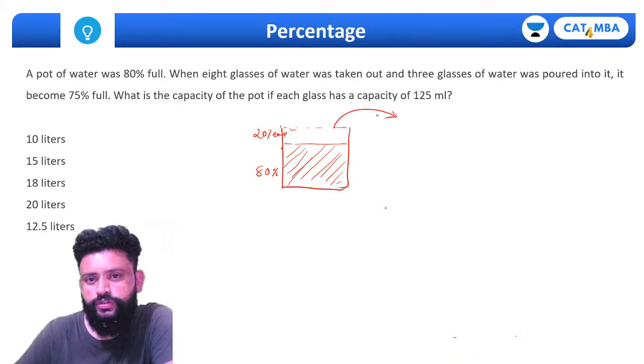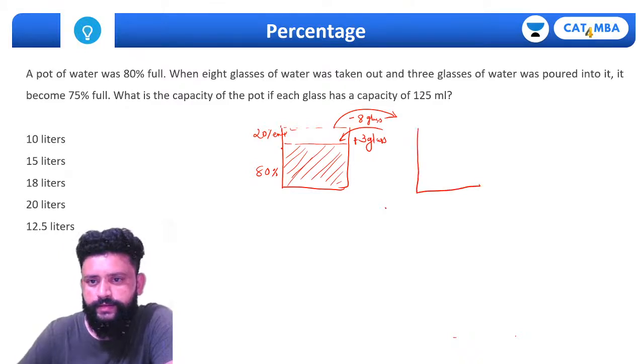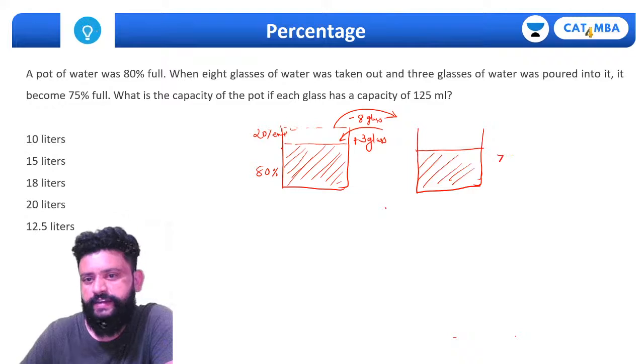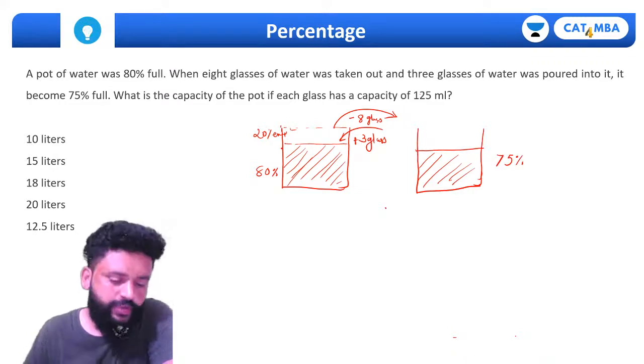If I take out 8 glass and pour 3 glass, so minus 8 plus 3, then it will be just filled 75%. Are you able to visualize this?